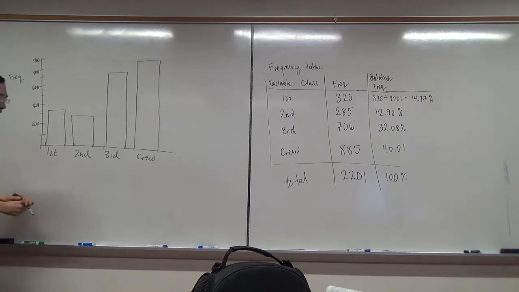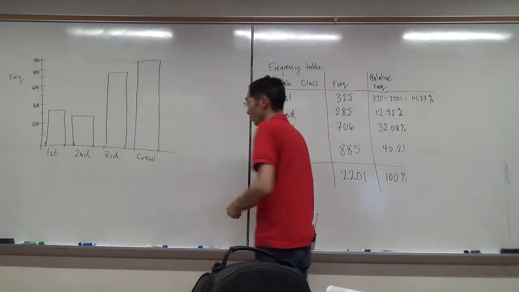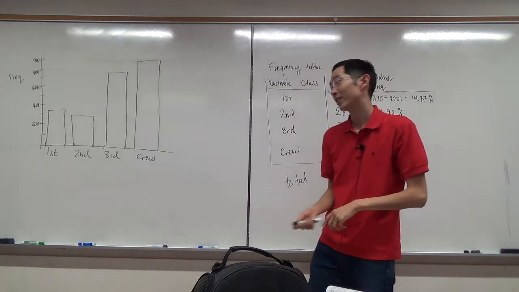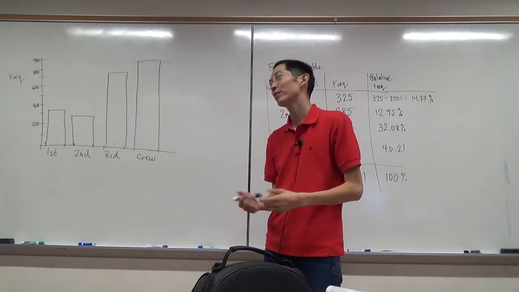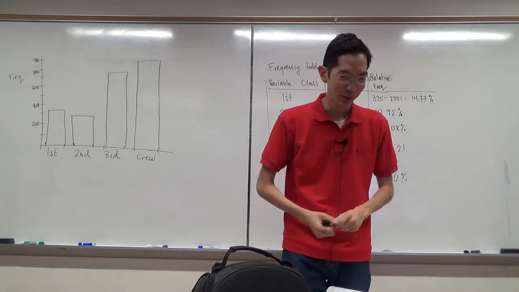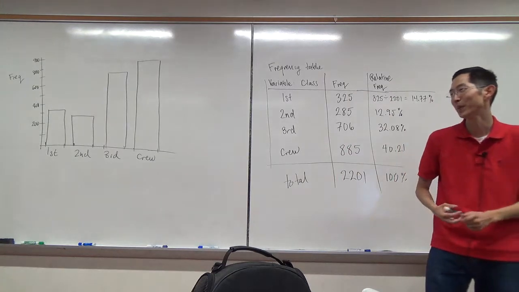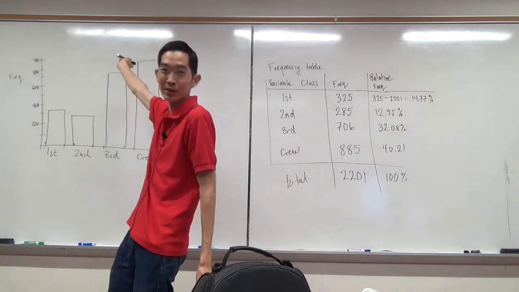So instead of saying how many people were crew members, and we say 885, I could say, assuming everybody has 2 legs, how many legs would belong to crew members, okay? And then we would just take every single one of these numbers and multiply by 2, okay?